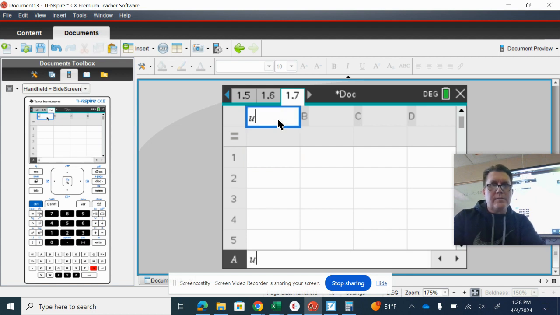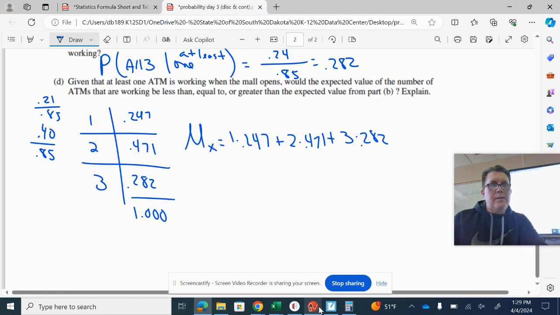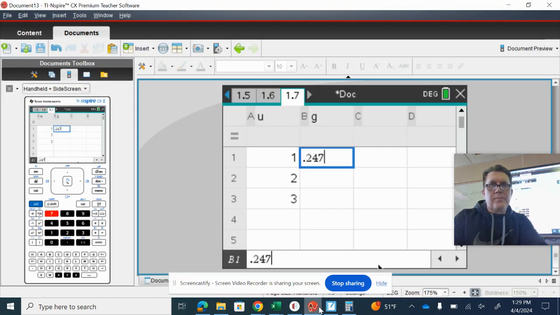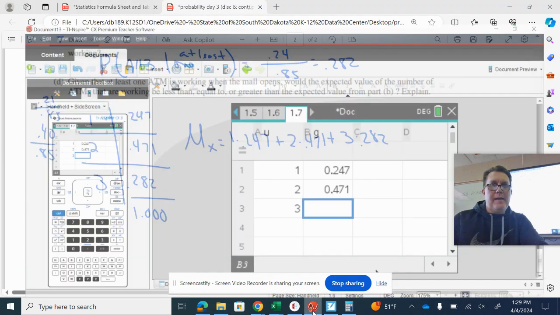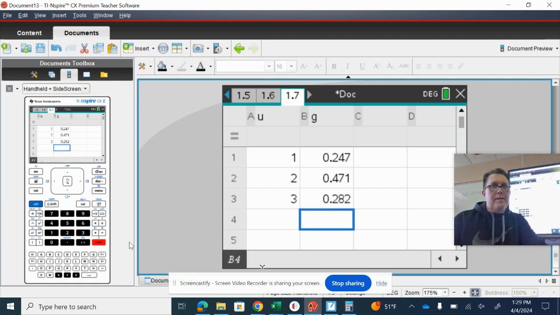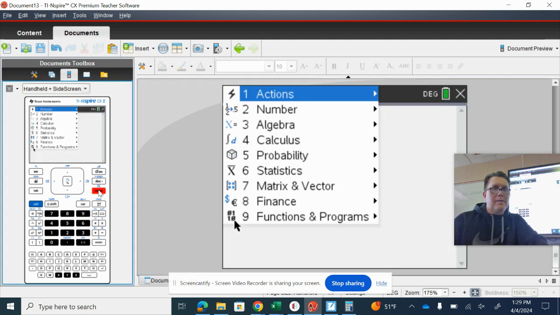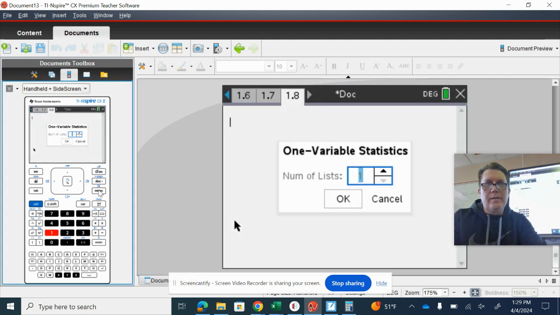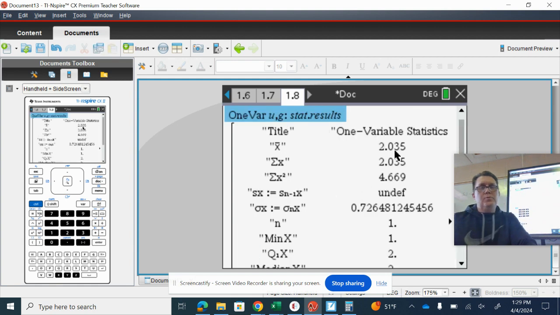But when we do it this way, we'll call this U and G. We got 0.247, and then we calculate these and use 611, variable statistics on U and G. And the mean here is 2.035.